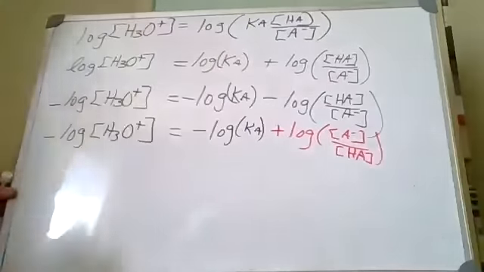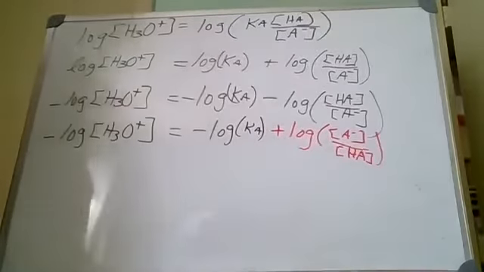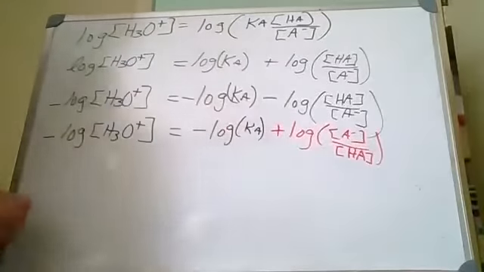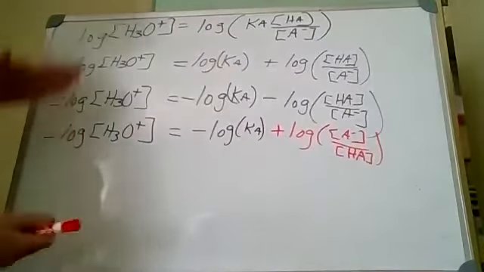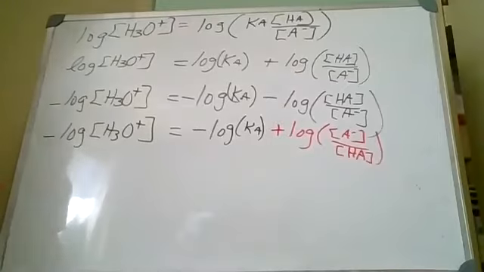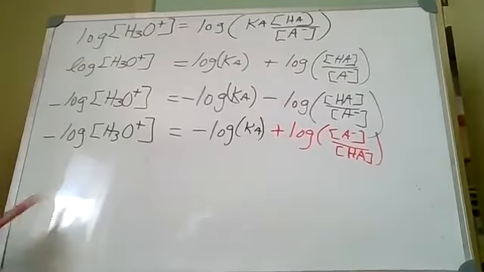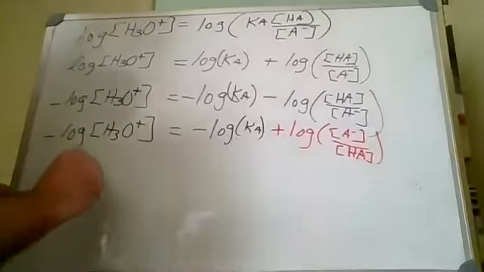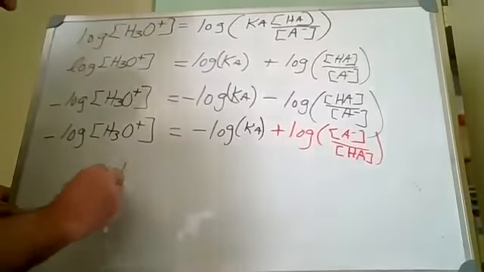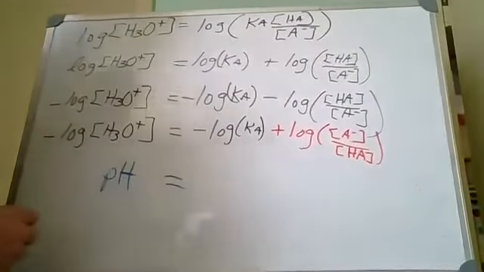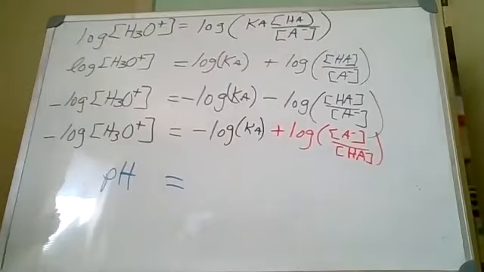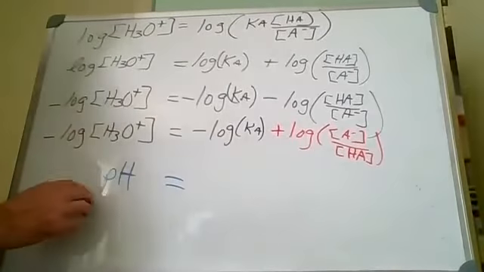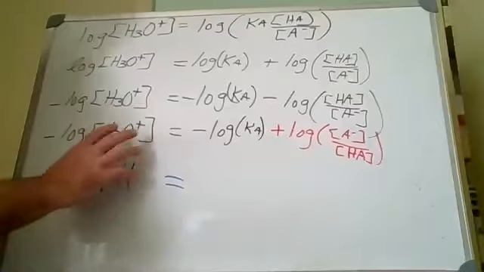We're almost there. We got one more step. Again, sorry about crowding everything together, but hopefully you've left space on your paper. Now, negative log H3O plus, that's just pH, right? So I can write pH equals. Well, negative log Ka, remember, the negative log of anything is just the P whatever.